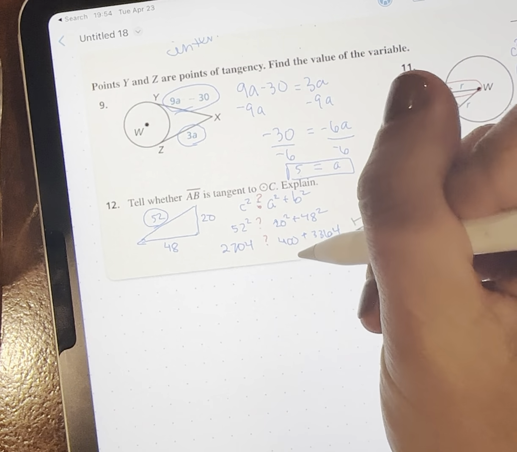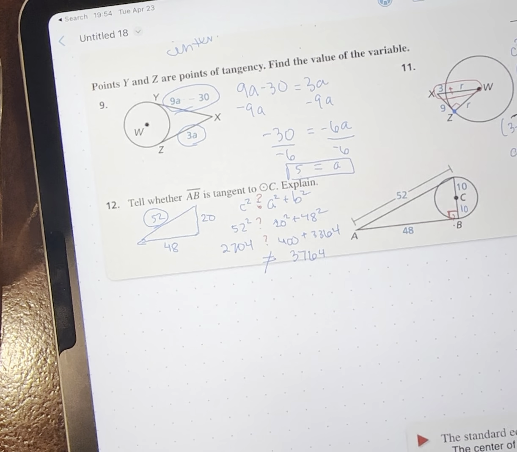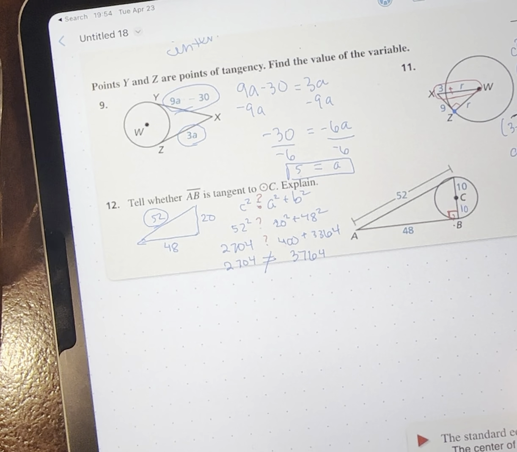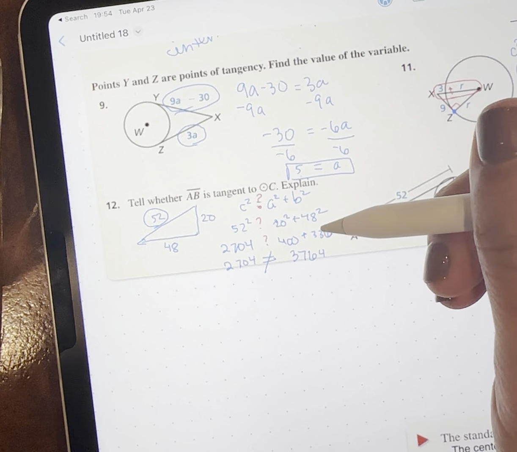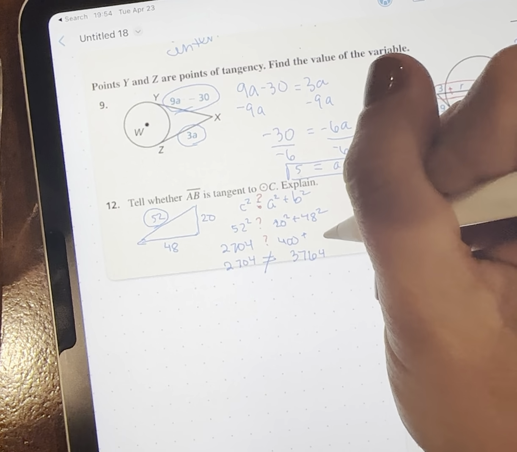It's a 3764, which does not equal our 2704. Wait a minute, that doesn't make any sense. Oh, I made a mistake. Over here, 48 squared, that's wrong. 48 squared is 2304.